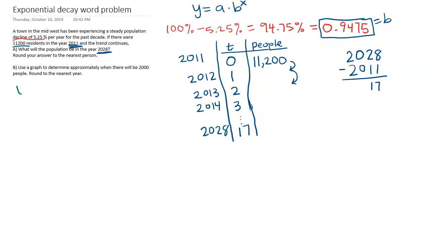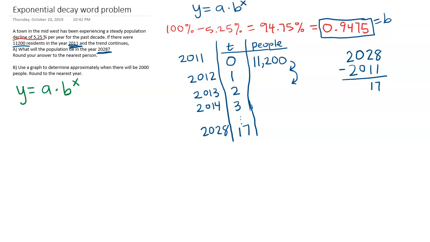So we'll use the equation y equals a times b all to the x power. And then we need to think to ourselves, all right, what does a stand for? What does b stand for in this equation? a is the start amount, and b is the rate that we're using, that rate that we talked about over here.